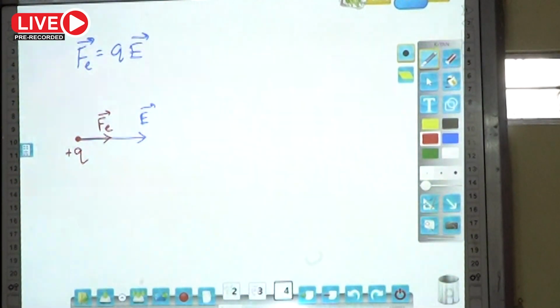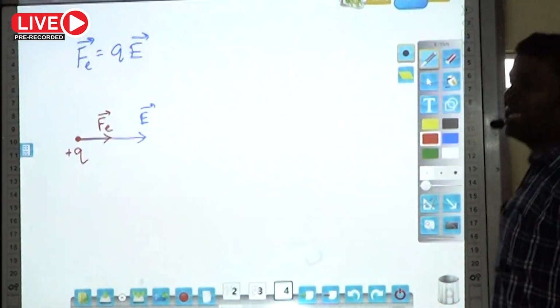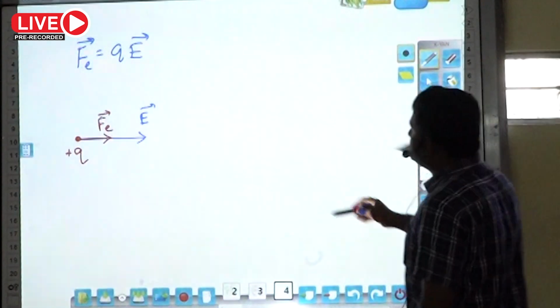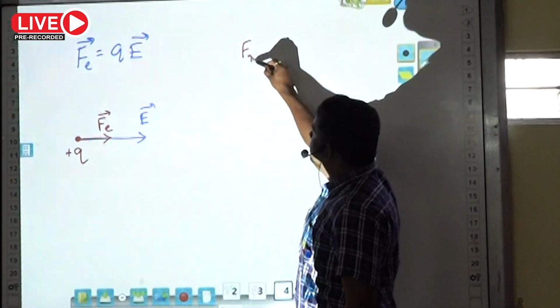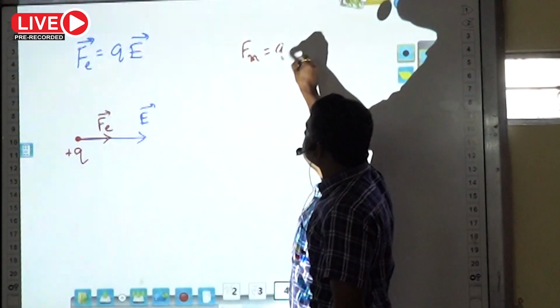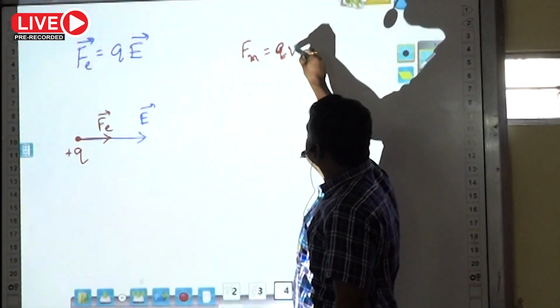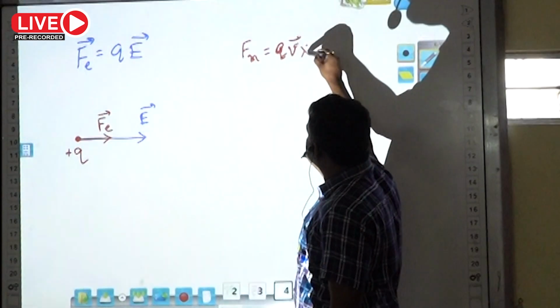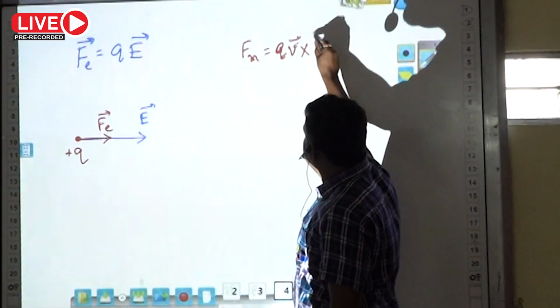There will be no problem because both are representing the same line. But think about a situation if they are not representing the same line, then can you say that field lines and forces are equal? These words are equal? No. Now see, it is not true in magnetism, because magnetic force is defined by Fm equal to q v cross B.